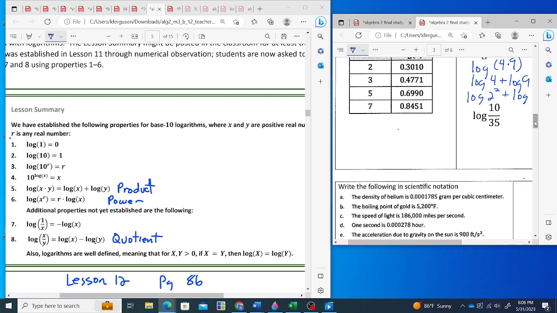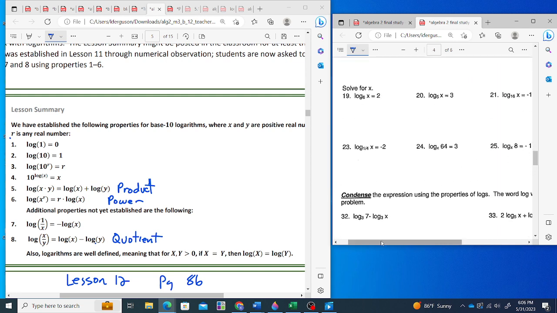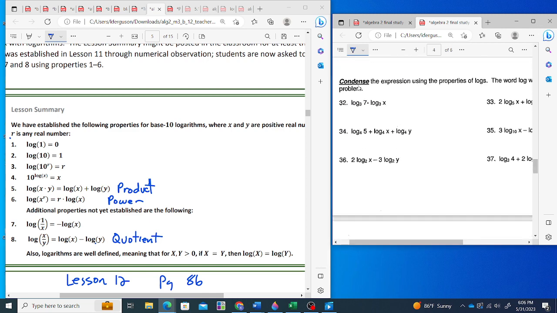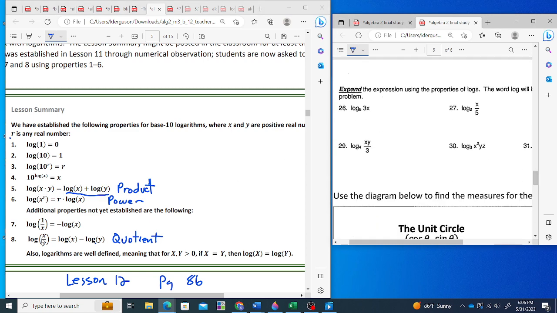Those rules are also applicable to these problems, to condensing or to expanding. So condensing, I'm going to take something that looks like this and make it look like this. Expanding, I'm going to take something that looks like this and make it look like this. So we're using the product and quotient rules for that.